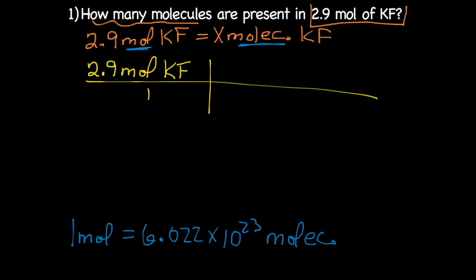Okay. And now this needs to go in here so the units cancel out. So let's look what unit we have at the top. We have mole. So at the bottom, we're going to put the 1 mole, which means we've used this one. So that means the molecule 1 goes on top.